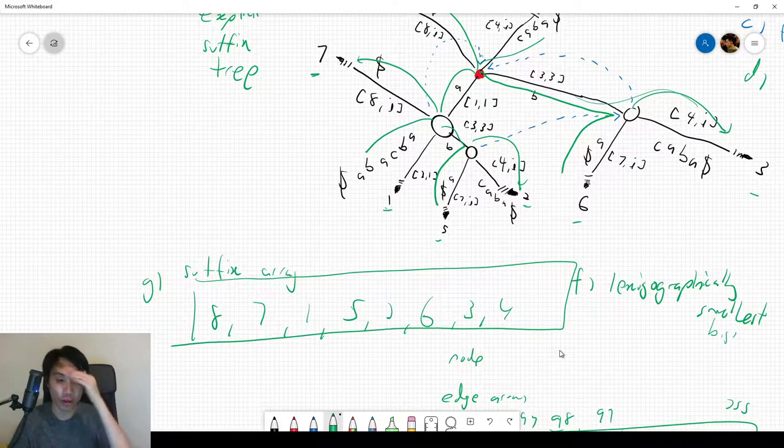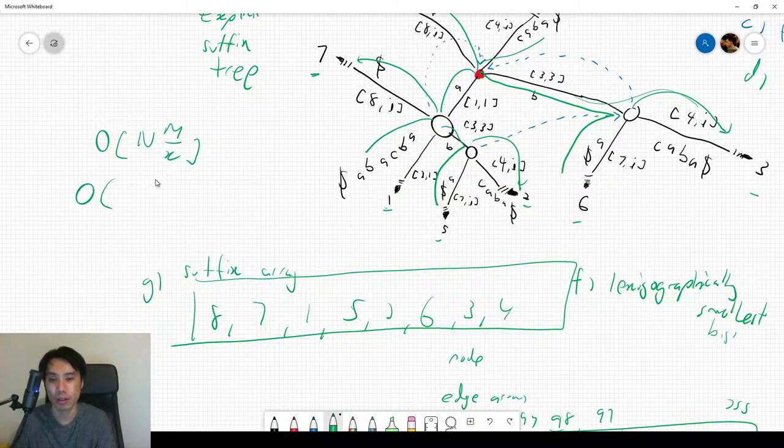Once you have your suffix array, you can use it for your assignment question number 2 as well, where you use your suffix array for searching and so on. If you remember from your assignment briefing, I gave you good complexity, O of n plus m.